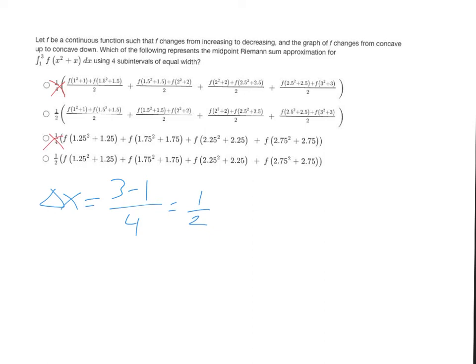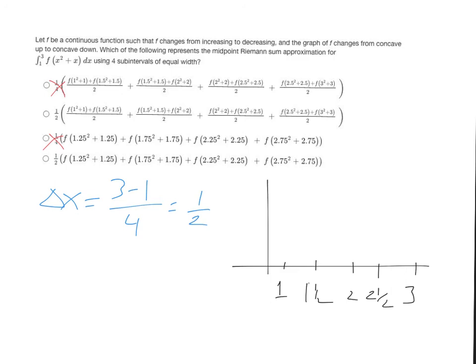And now it's just determining which of these remaining ones is using the correct input value for the midpoint method. So again, I'm going to draw a little sketch here. We're going from 1 to 3. So then that's 1.5, 2.5.